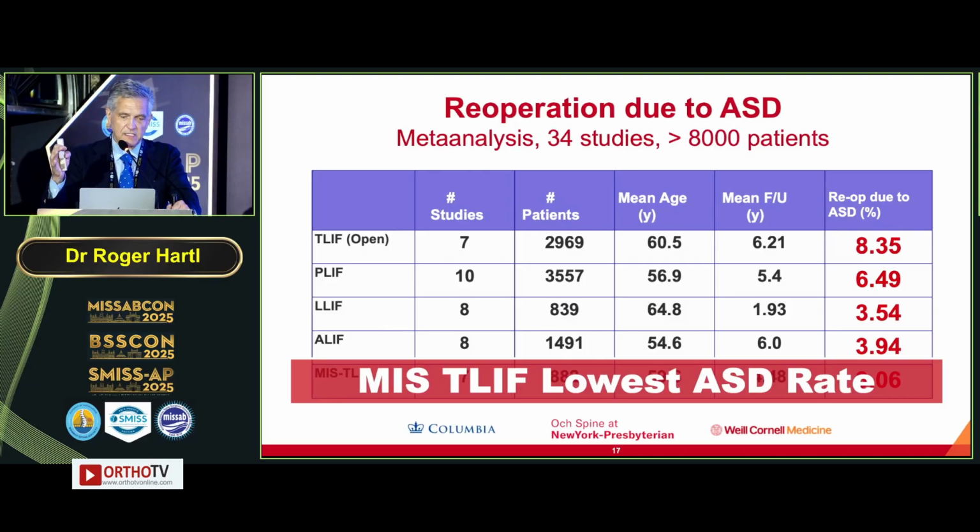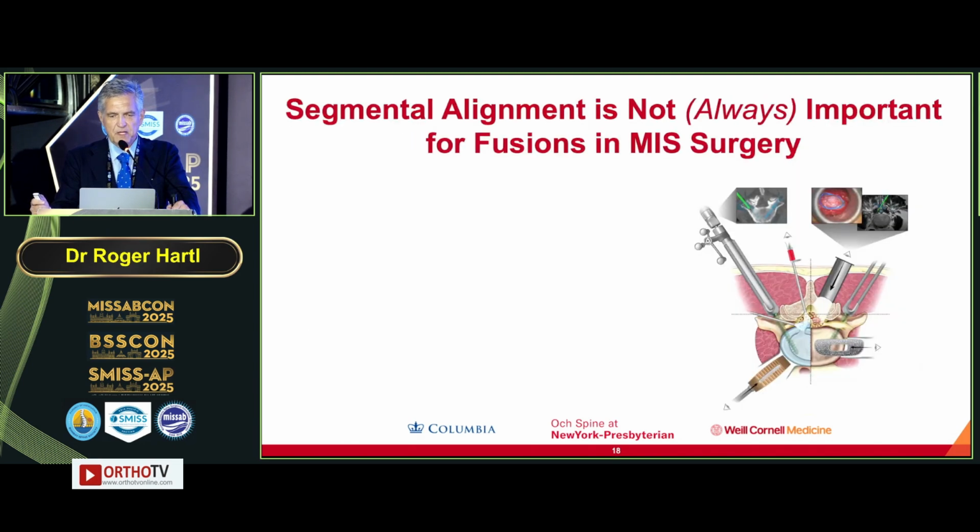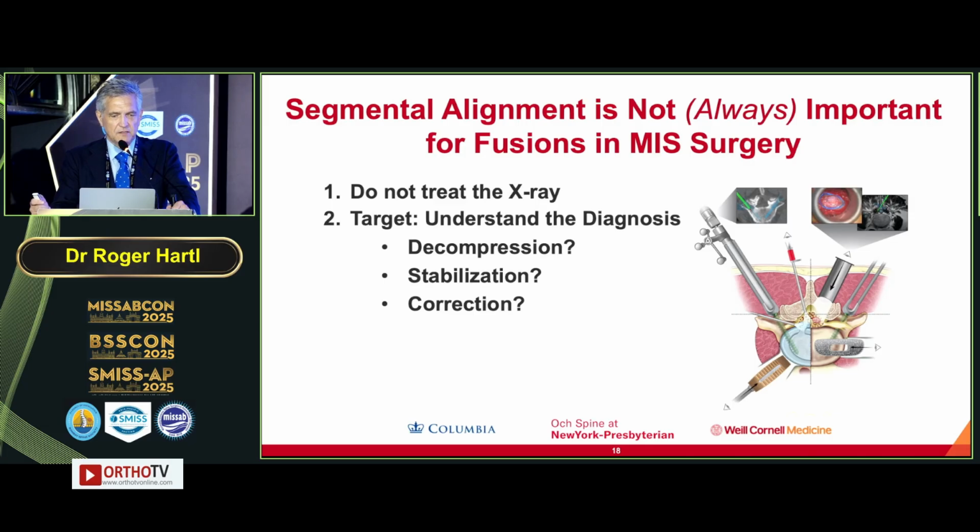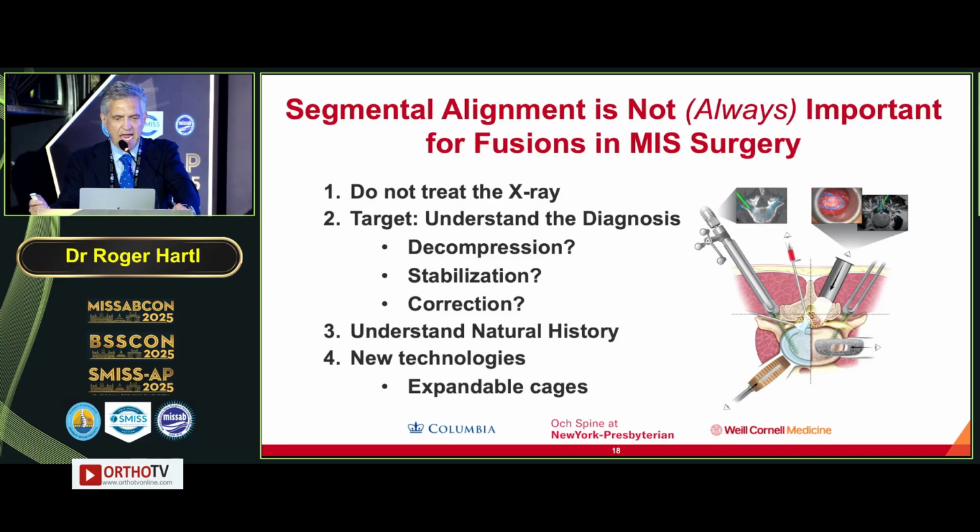So that means MIS-TLIF is actually a very, very safe option for this type of one-level or two-level decompression and fusion. So the conclusion is, in patients with degenerative scoliosis, don't just look at the X-ray, really try to figure out what the symptoms are. If the pain is radicular and not mechanical, then sometimes a 1 or 2 level decompression and fusion may be a safe option.